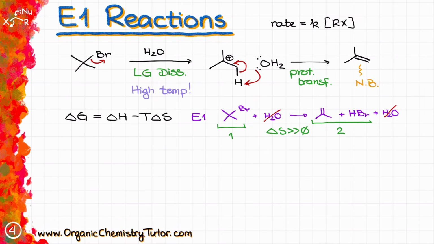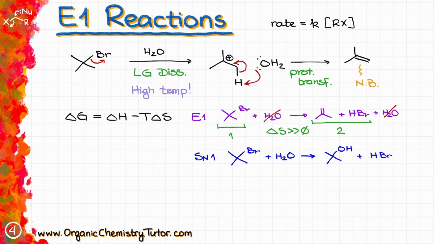However, in the substitution reaction, if I look at the SN1 reaction and I start with the same tert-butyl bromide and I react it with the same water, my products are going to be the corresponding alcohol over here, and another co-product is going to be HBr.